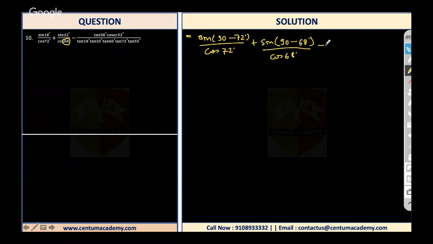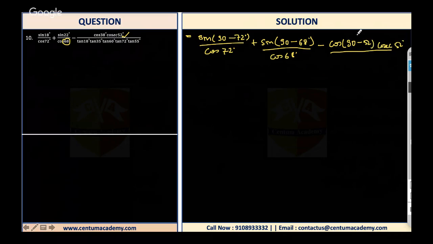Cos 38, again, cos 38 is cos of 90 degree minus, you can check, 52. So 52 here, and then into cosecant 52 degree, isn't it? And divide by tan 18.